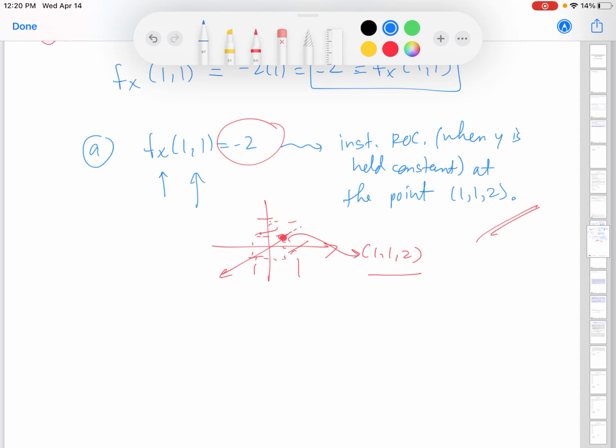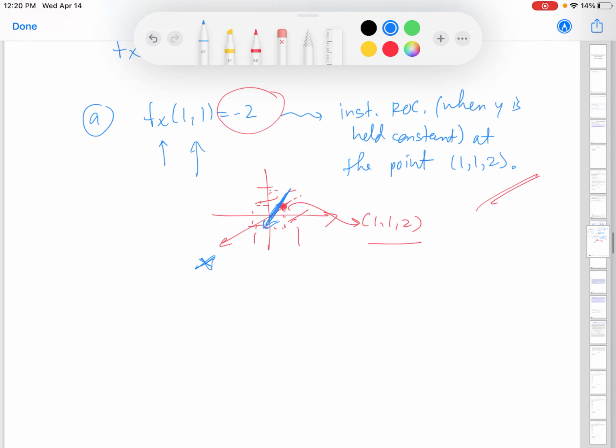So in other words, we expect that the function's values are dropping there, right? Remember, this is increasing x, so this line has negative slope when you look at it with this being increasing x. So this is a nice instantaneous rate of change interpretation.